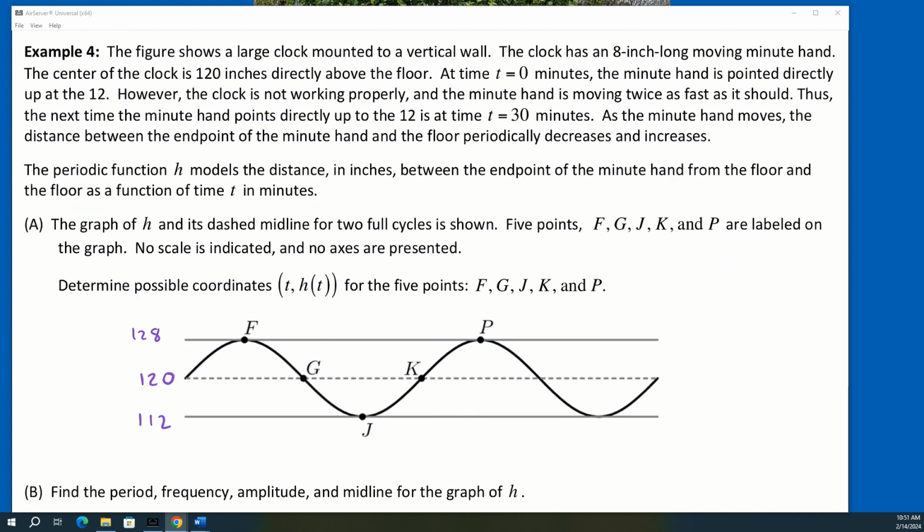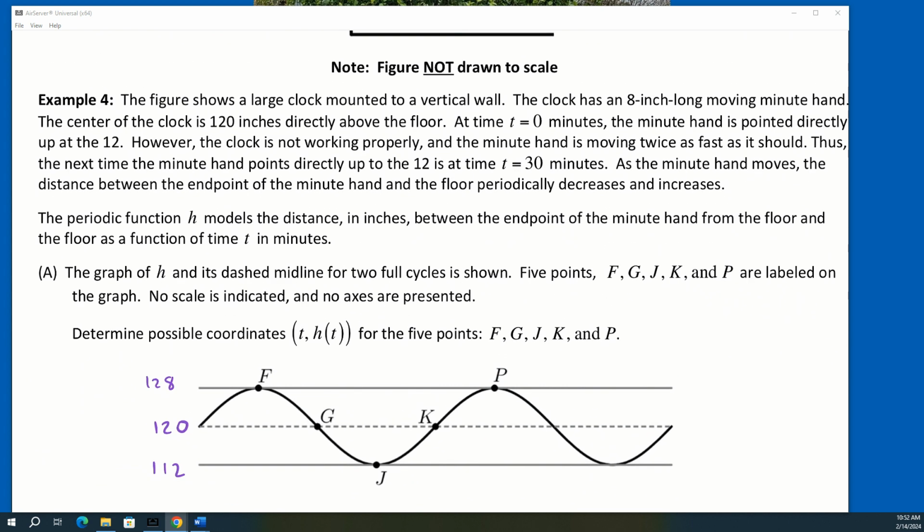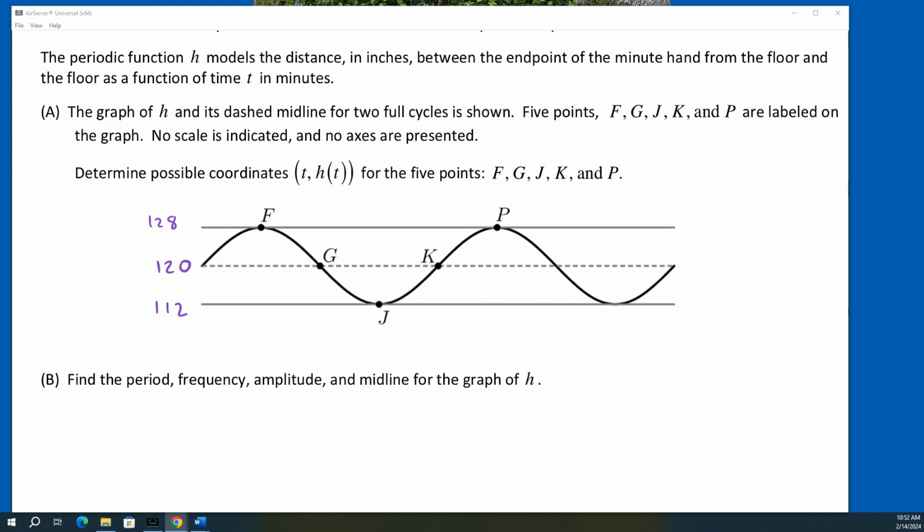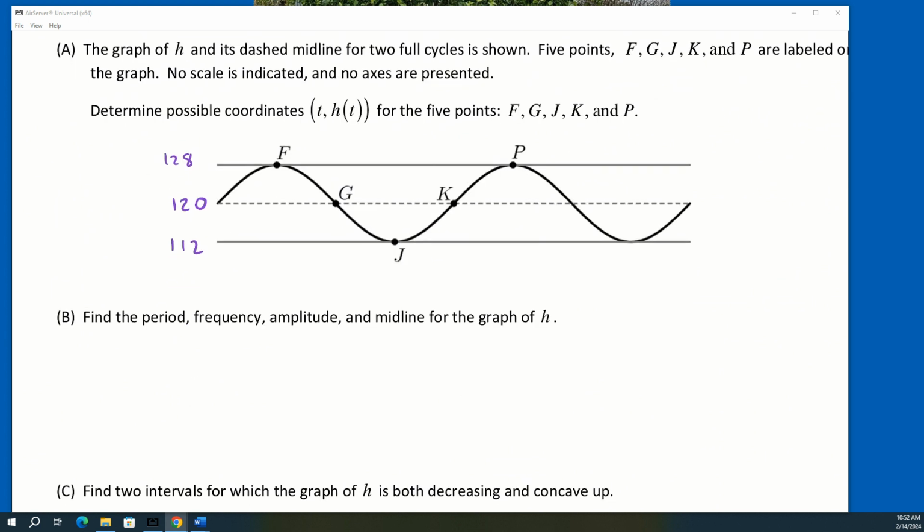Okay, so at t equals 0 minutes, the minute hand is pointed directly at 12. So is this gonna be a situation where I draw our vertical axis at the maximum, at a minimum, or at a middle? It's gonna be at the maximum. It's the farthest away at time t equals 0.